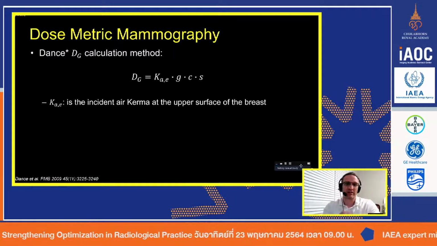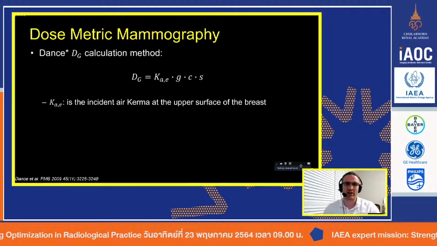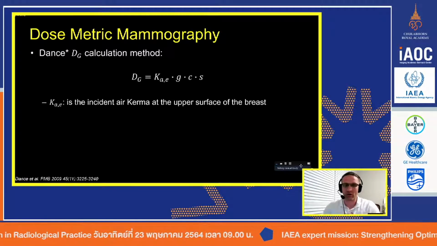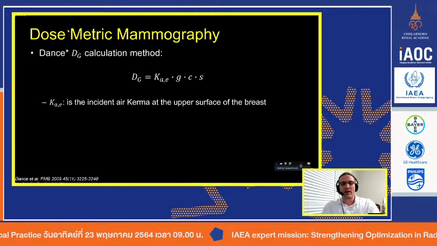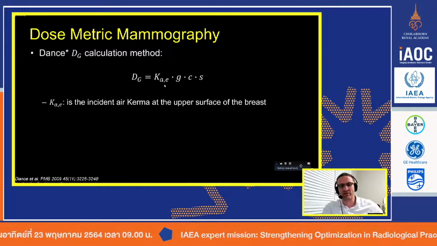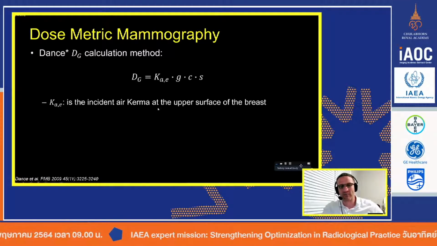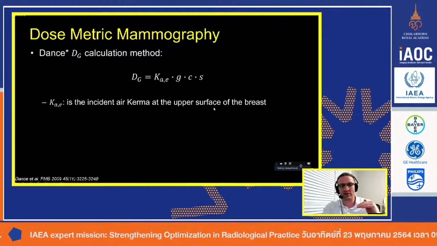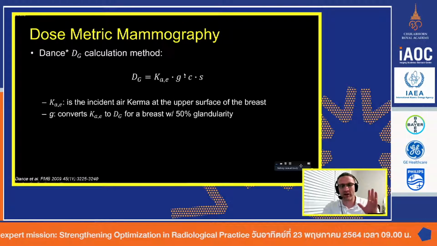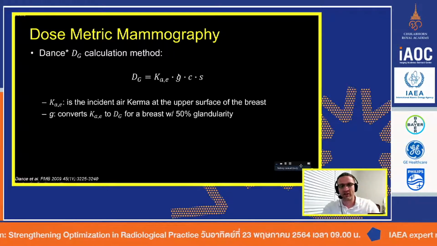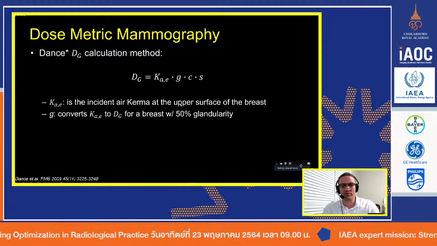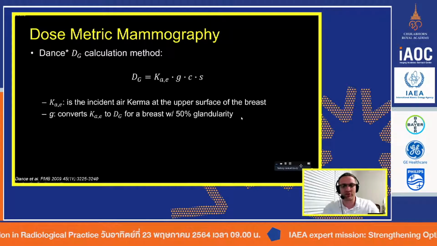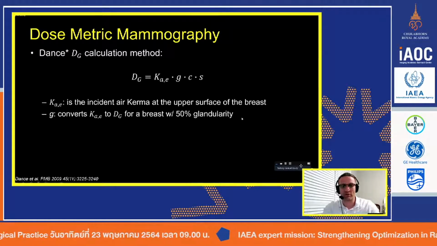So let's look at the two major methods, the Dance method and the Wu-Boone method. The Dance method is probably the most common. You'll see this in publications whenever you read about mammography. The way that he developed this is you take the air kerma as measured at the entrance surface, or the upper part of the breast tissue, and you need to correct for the amount of glandularity. This G factor assumes a 50% glandular, 50% fat breast model.